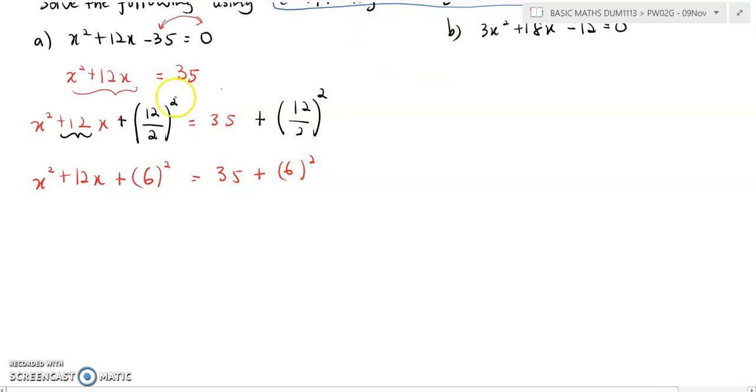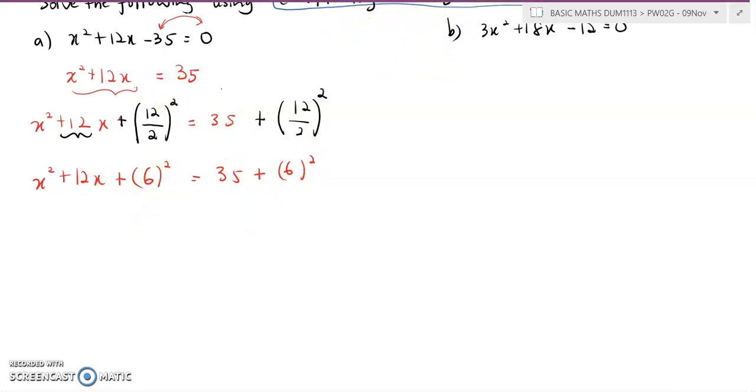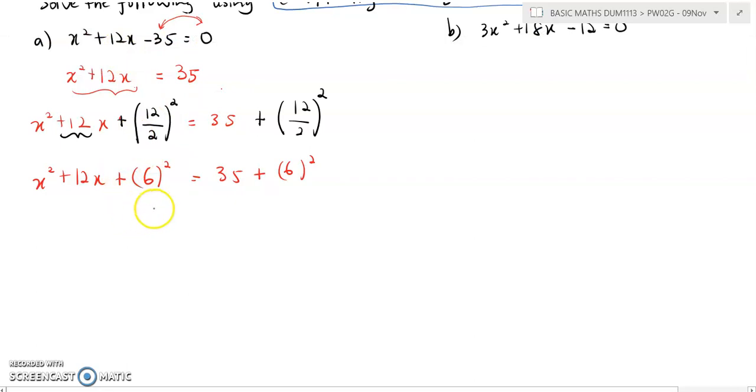Okay, now we can factorize the left side expression. We can factorize it into x, and you take the number inside the bracket and put it into this bracket here.